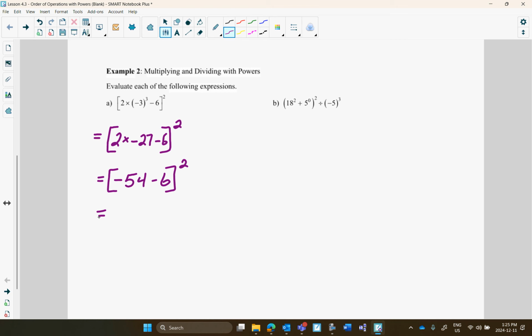And negative 54, and then I go down another 6. Negative 60. And remember, finally, negative 60 squared, which is going to be positive because a negative times a negative is positive. 3,600. Excellent.